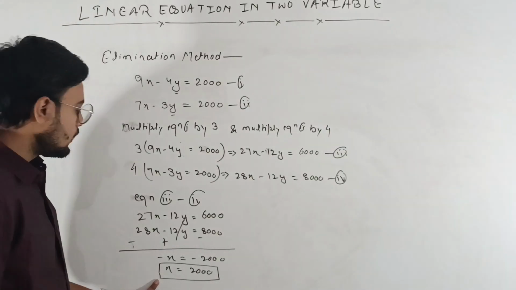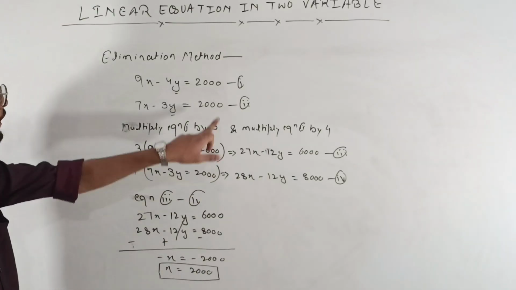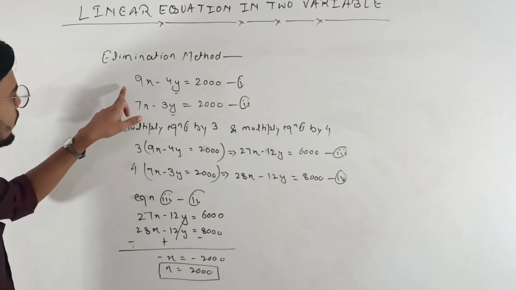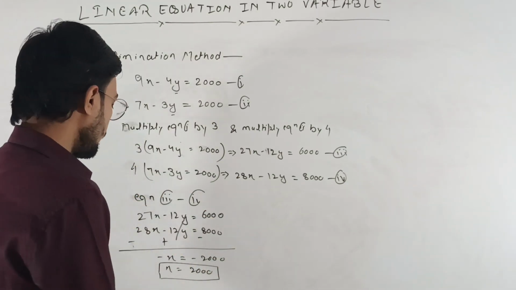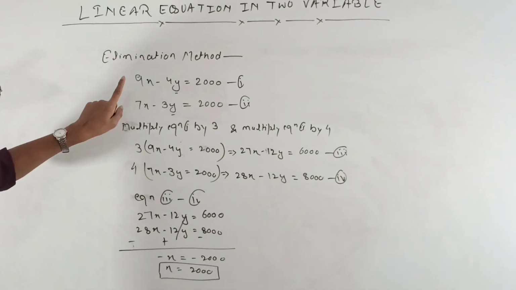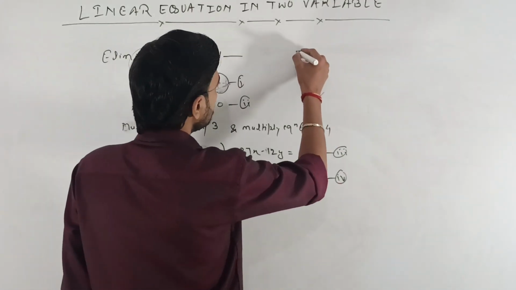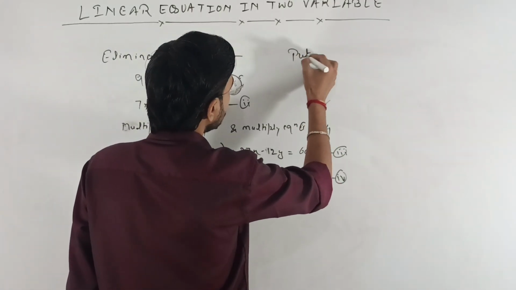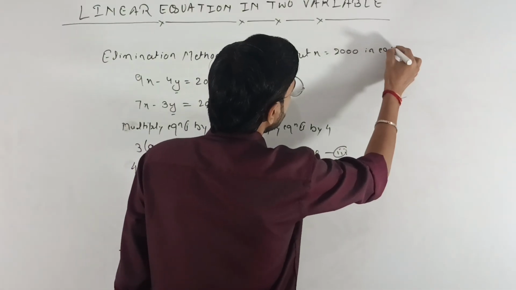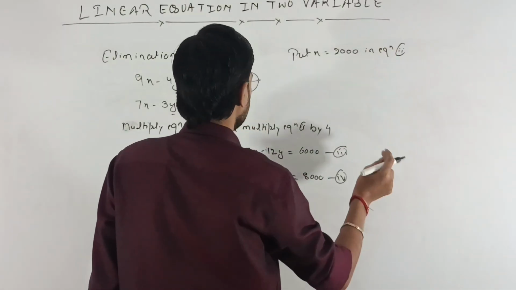Now we have x. Now put this value of x in either 1, 2, 3 or 4, any one. If I put this value of x in any of 1, 2, 3 and 4, then we get y. So I put this value of x in equation second. Okay. Put x is equal to 2000 in equation second.